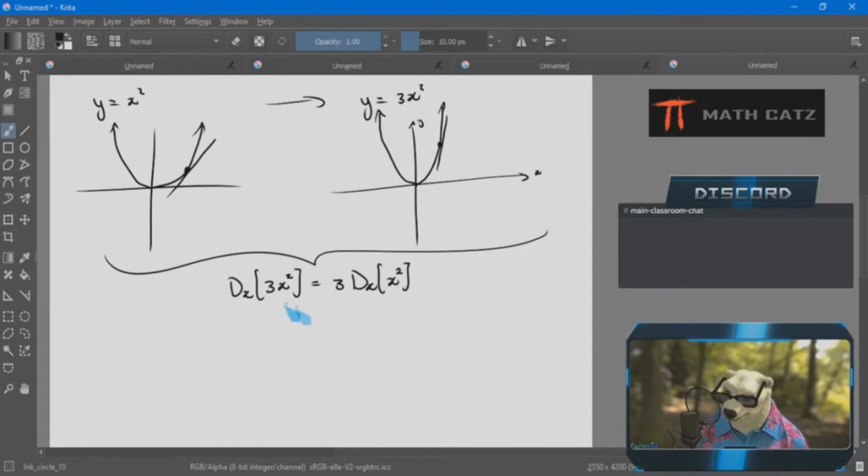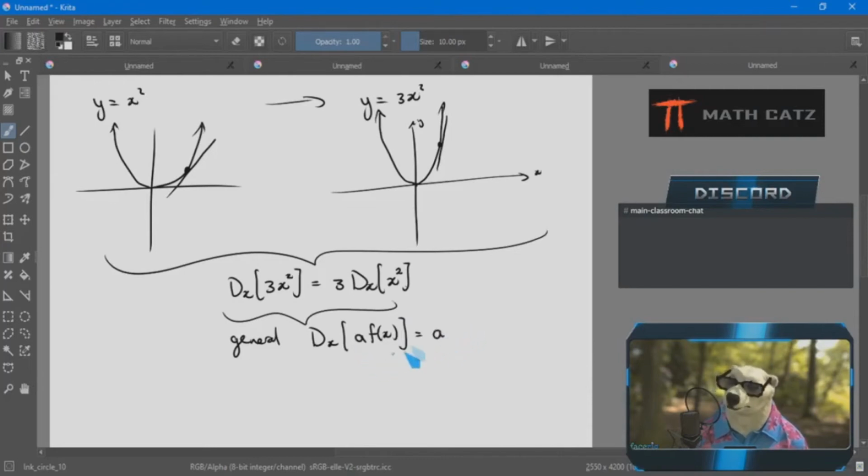So that means that if I generalize to the derivative of any function, any number multiplied by a function, could be just x squared, could be something more difficult, doesn't matter. It's going to be the same as the number times the derivative of the simpler function.